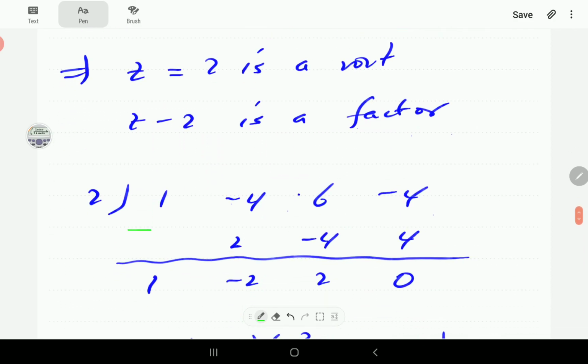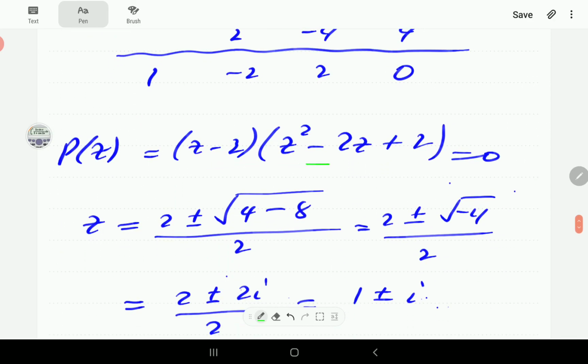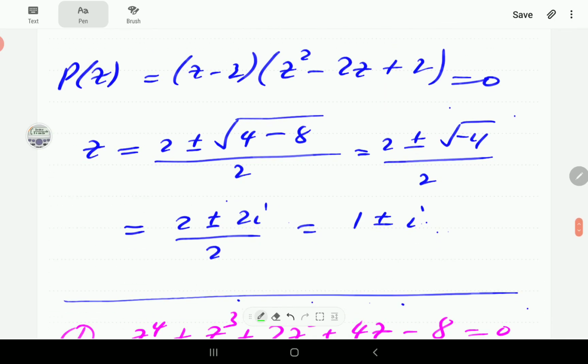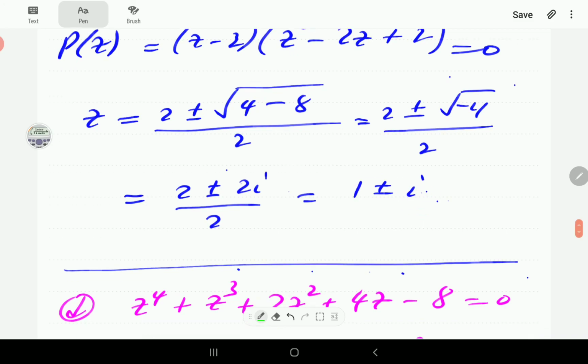If we divide using synthetic division here, we find that the other factor is z squared minus 2z plus 2. Equating this to 0 and solving using the quadratic formula, we find that the two roots associated with that factor are 1 plus or minus i.